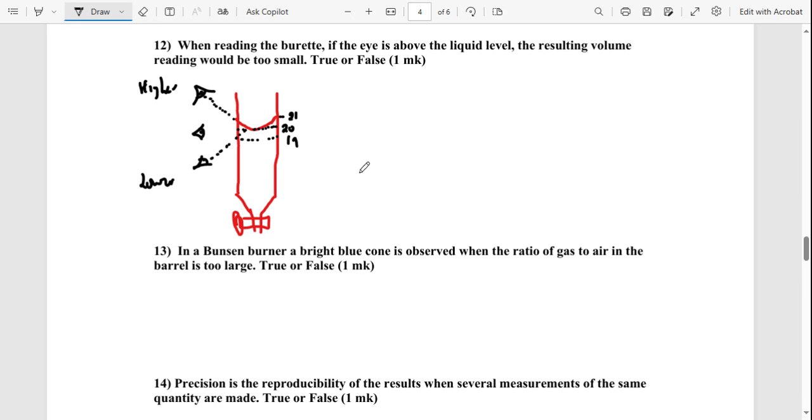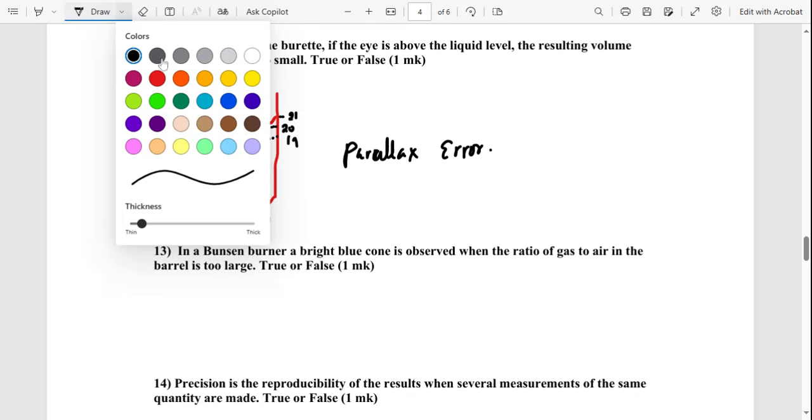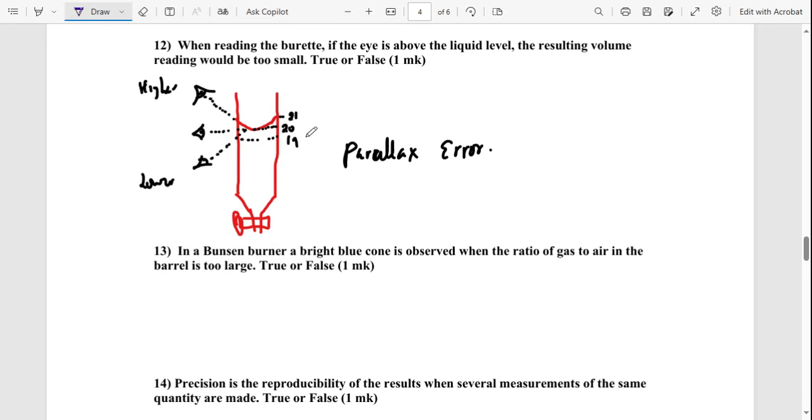So we call these parallax errors. The thing is that as you look through a liquid, because of refraction, you will see the values wrongly because you are looking through the fluid. So this is false, because when you read above, the value is going to look bigger instead of smaller.